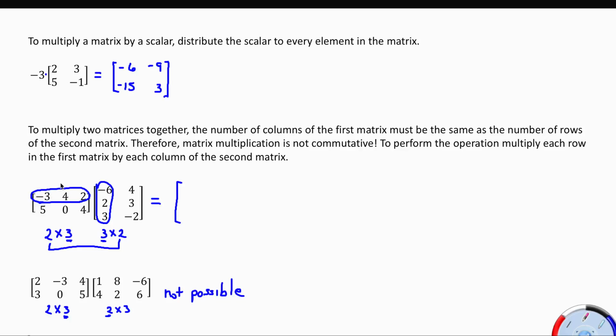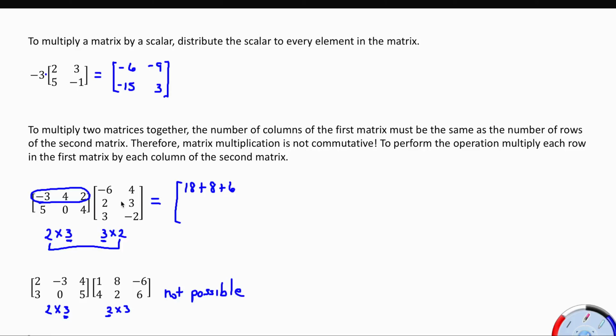So this will be negative 3 times negative 6, 18, plus 4 times 2, 8, plus 2 times 3, 6. Right? So I'll multiply every element in the first row by every element in the first column. All right.